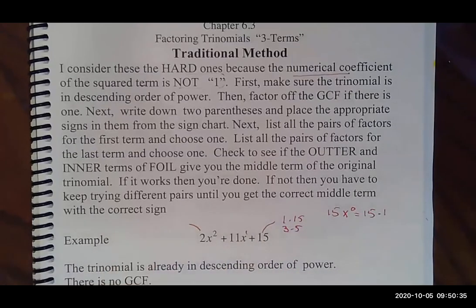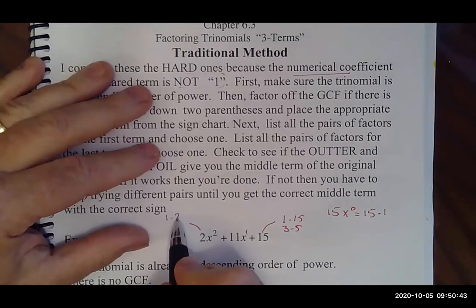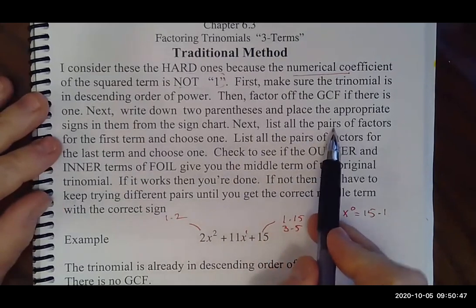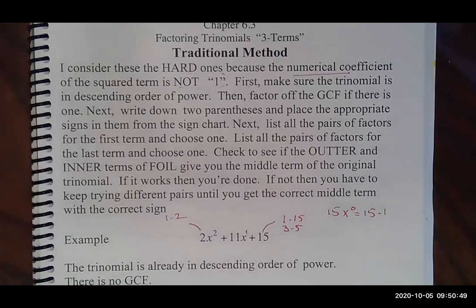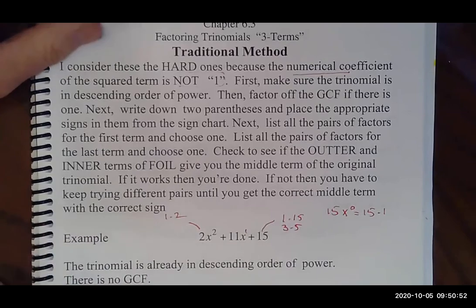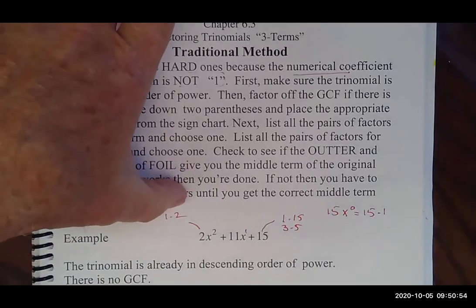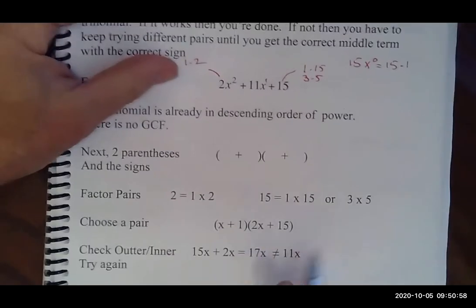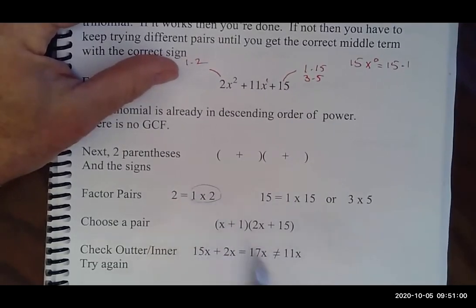You're going to list the choices for 2, which is only 1 pair. 2 times 1, 1 times 2. It doesn't matter which order. So this says list all the pairs of the factors of the first term and choose one of them. Well, there's only 1 pair. So I'm going to choose a pair. Okay, I choose that.